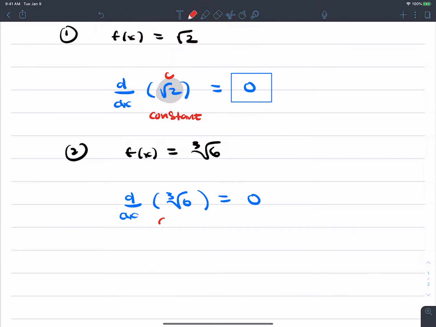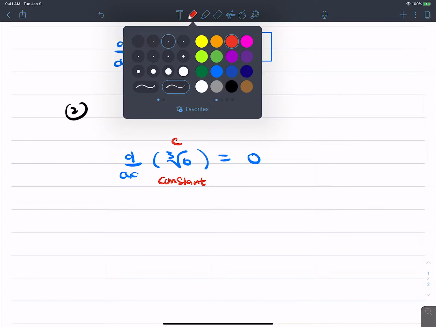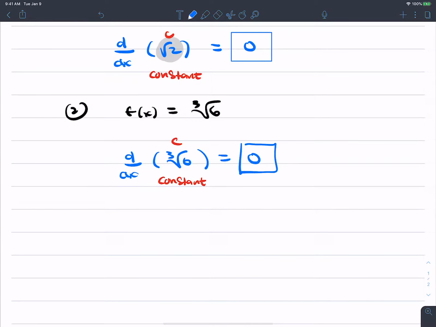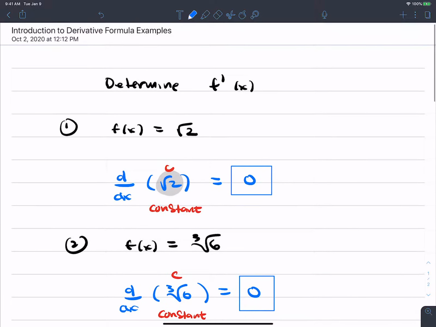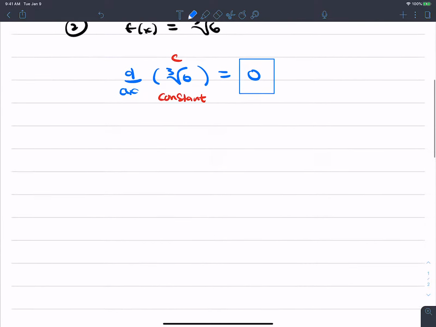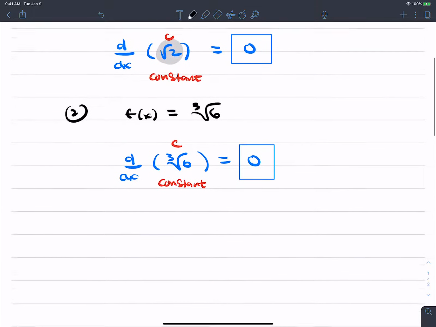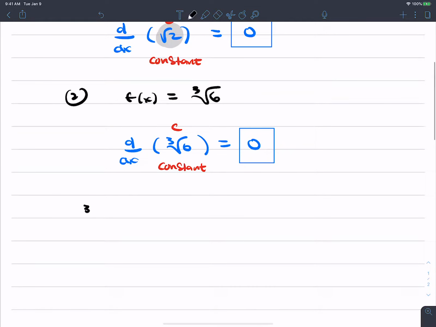Why? Because the cube root of 6 is another constant. It's a number. That derivative is 0.